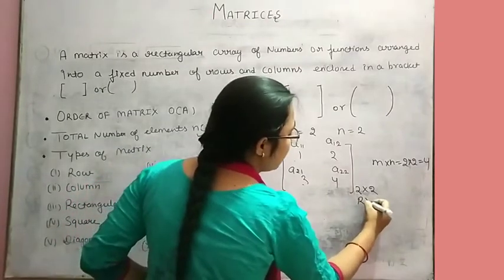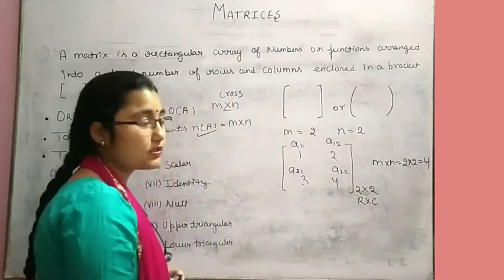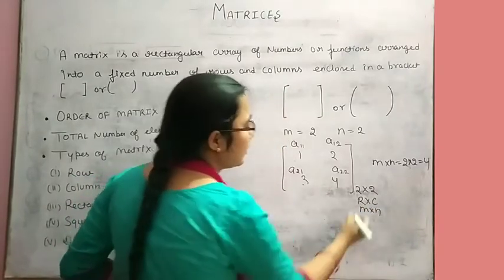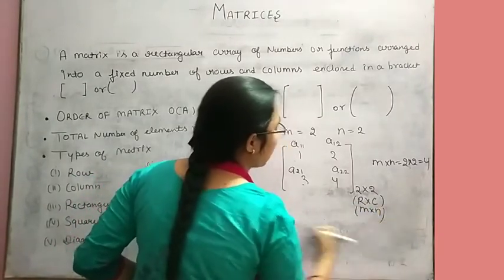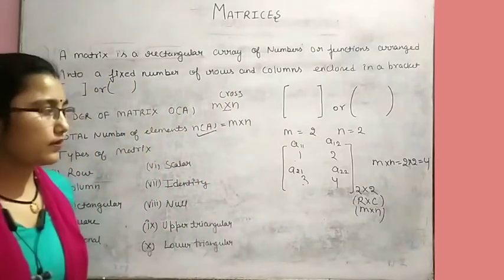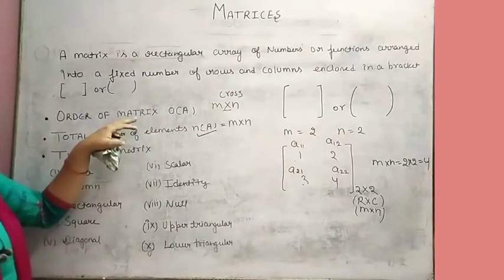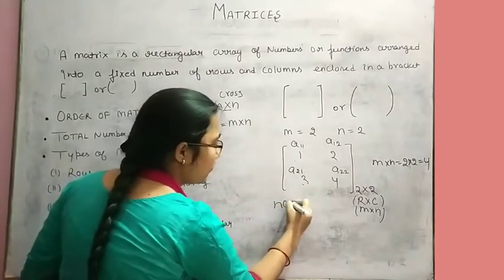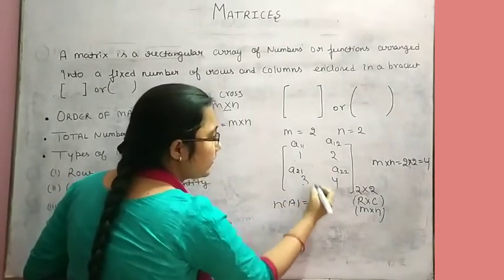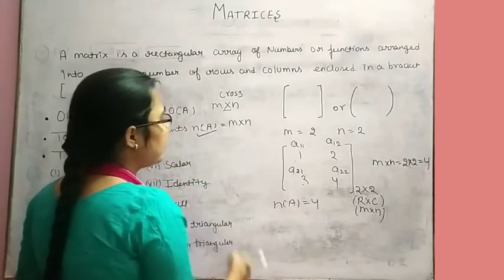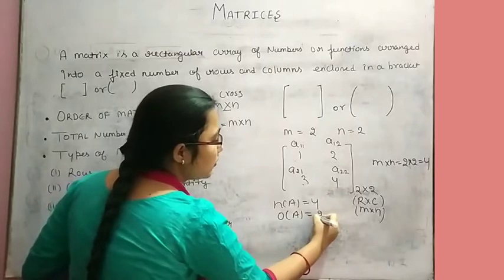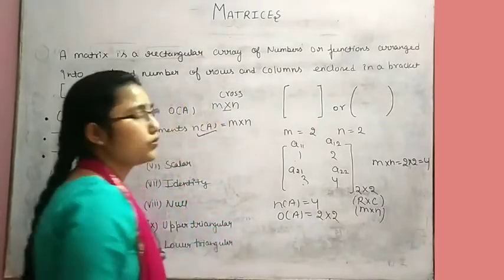This is R into C or m into n. So here the number of elements is 4, that means the total number of elements in this matrix is 4, and the order of the matrix is 2 cross 2.